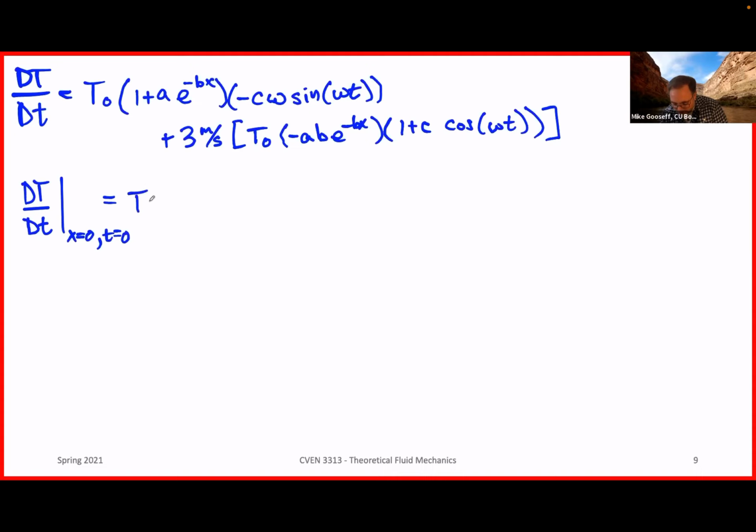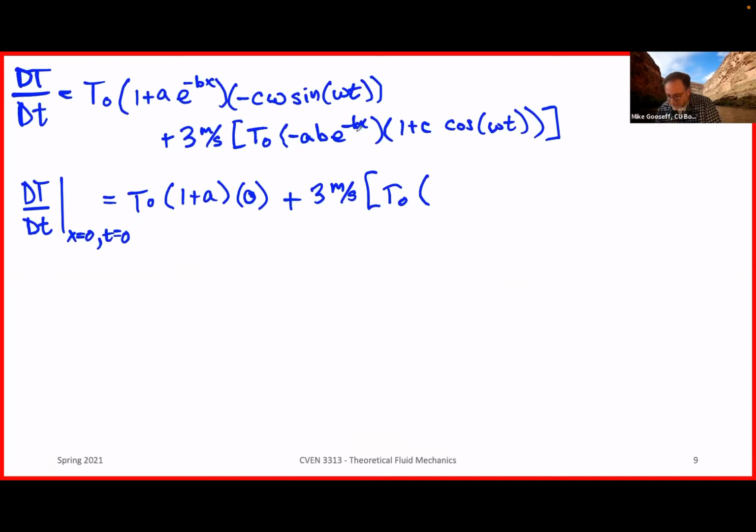So we're going to have T naught times 1 plus a times, and when we take the sine of 0, we end up with 0. So this simplifies quite a bit, and that's our local derivative. And then we're going to add 3 meters per second times T naught, and then this minus a b times e to the minus bx.